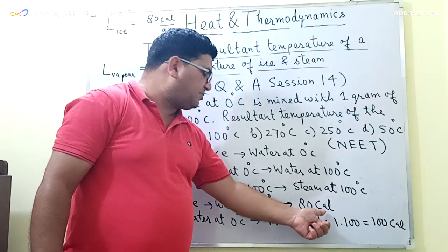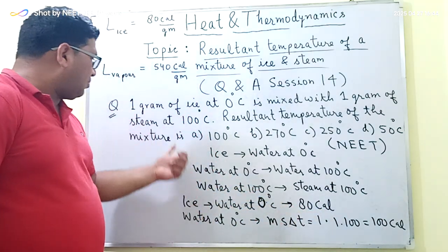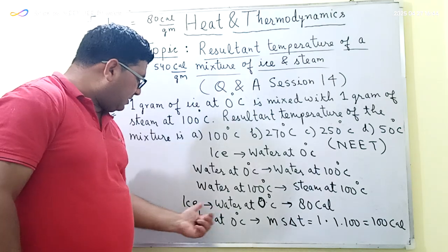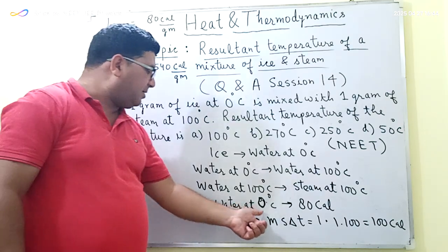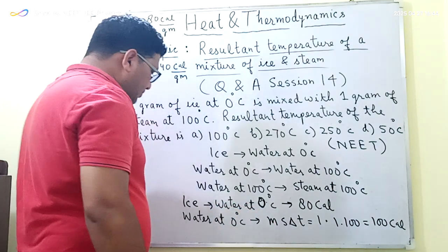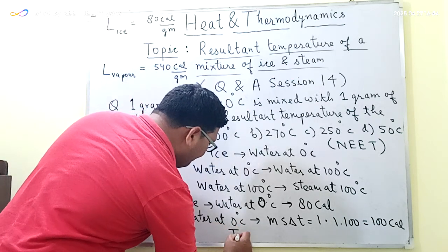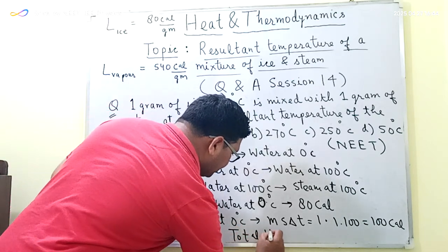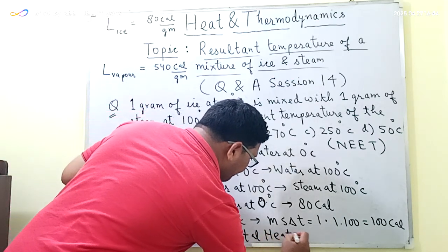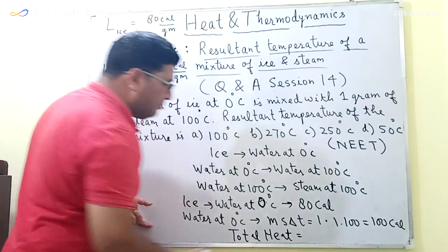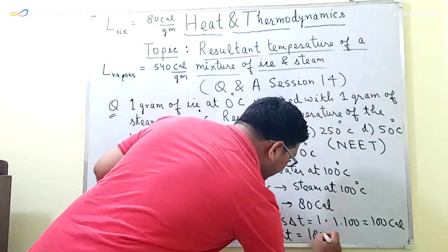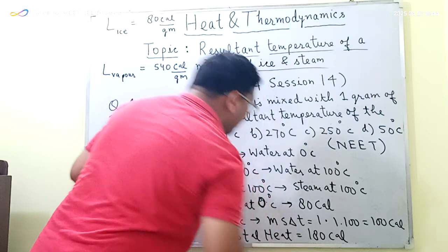Similarly, this 80 calories of heat will be absorbed from the steam in converting the ice into water at 0 degrees centigrade. So the total heat energy which is used from this steam will be equal to 180 calories.